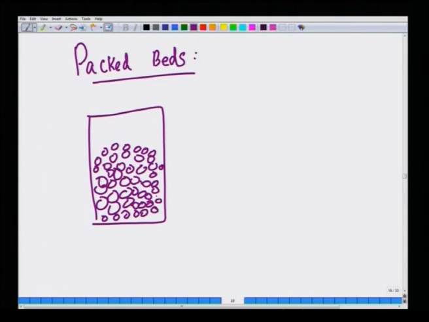If you want to design a packed bed for a chemical engineering application, you want to know what is the pressure drop to make a fluid flow with some flow rate Q. So, this is the typical design question that comes up in designing packed beds. So, how are we going to do that?